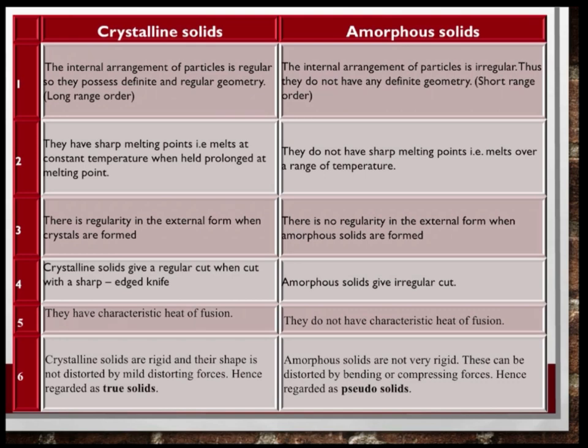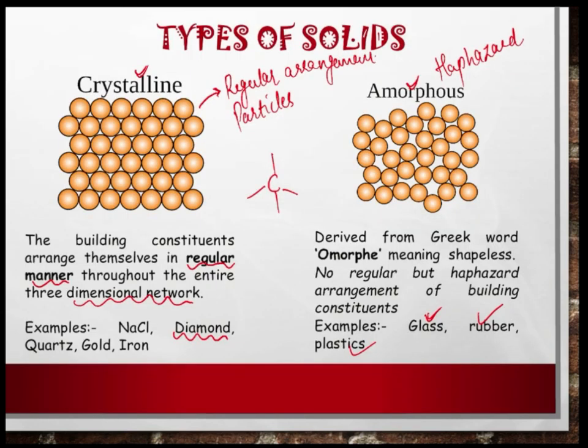The crystalline solid: the internal arrangement of the particles is regular, so they possess definite and regular geometry. A very important word is used here: a long range order. There is a long range order of the particles having regular arrangement. We saw that in the previous slide: a regular arrangement of the particles is going on, and it will go on indefinitely.